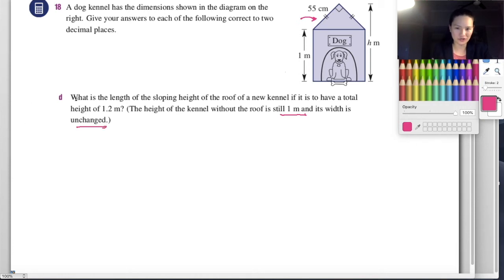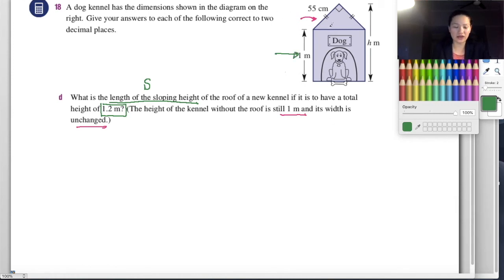Okay, they want you to read the question again. What is the length of slope height? They want you to find S, the slope height of the roof of the new canal. If it is to have a total height of 1.2 meter, and the height of the canal without the roof is still 1 meter, that means this one is the same, and its width is unchanged.